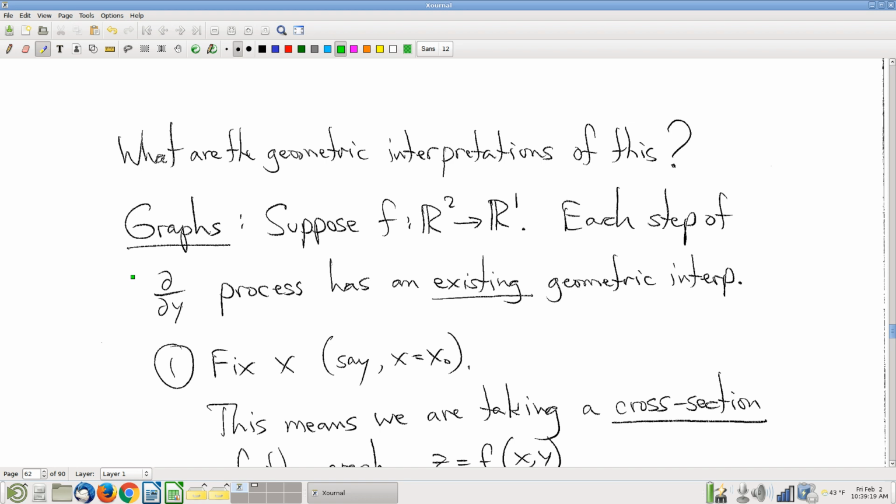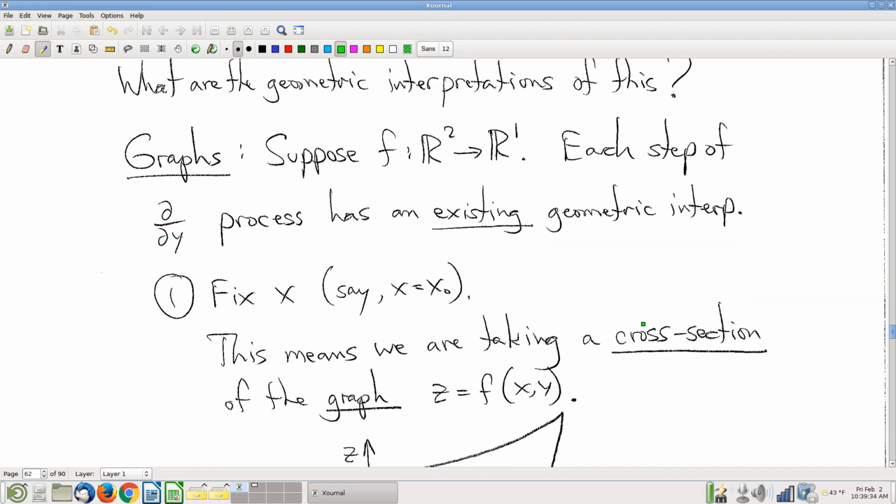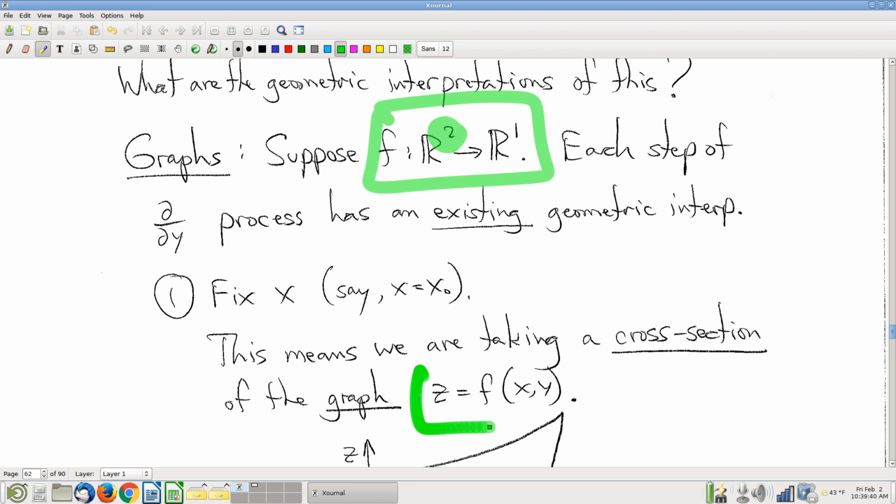Okay, so starting with graphs. The good news, we already have all the tools that we need. We already have existing geometric interpretations of everything in this process of taking a, let's say, arbitrarily a partial with respect to y. So here's the rule. Now, by the way, notice we have a function from R2 to R1. So this is a function of x and y.